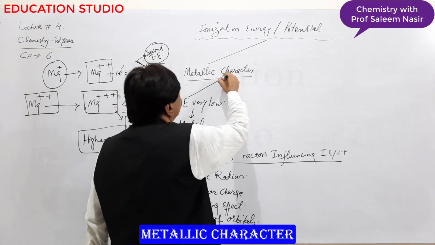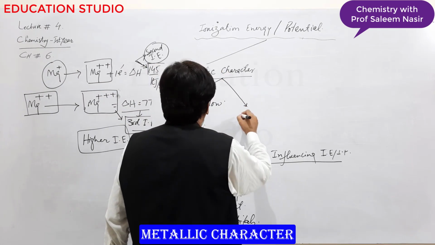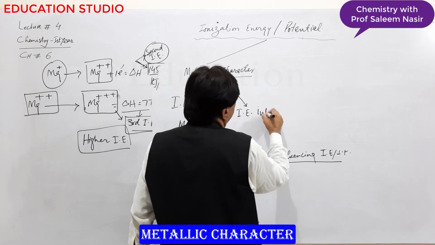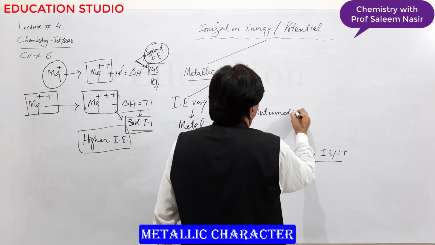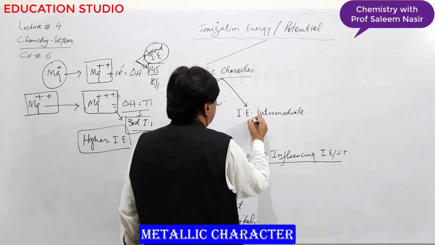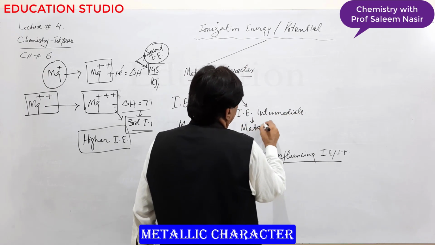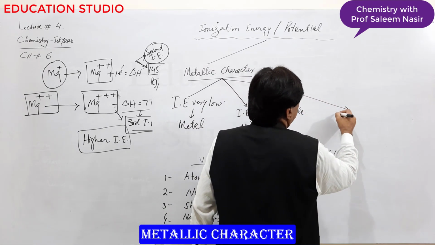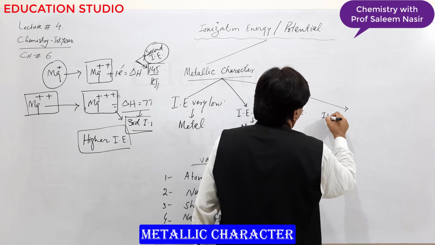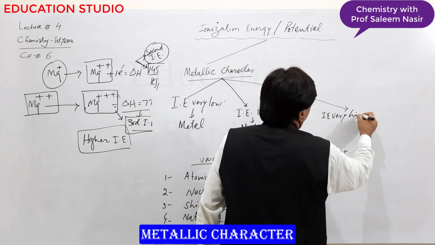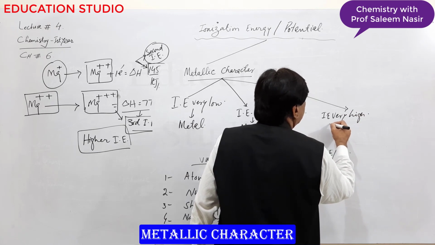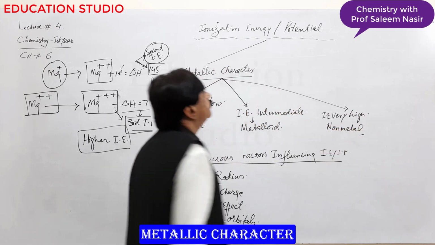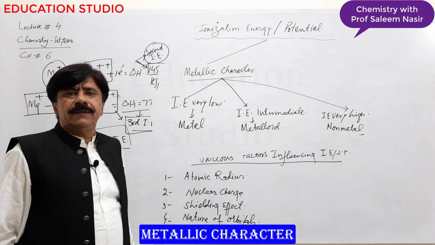If the ionization energy of the element is intermediate, the element will be a metalloid. If the ionization energy is very high, the element will be a non-metal.